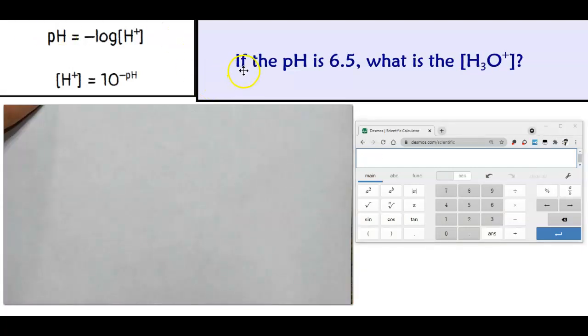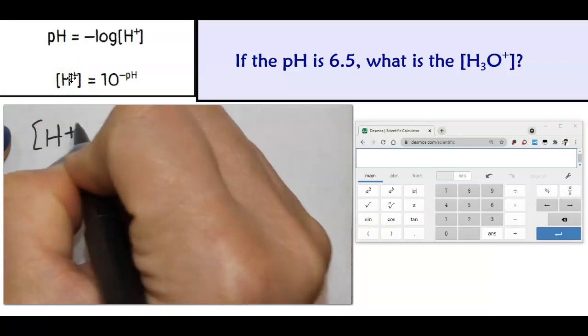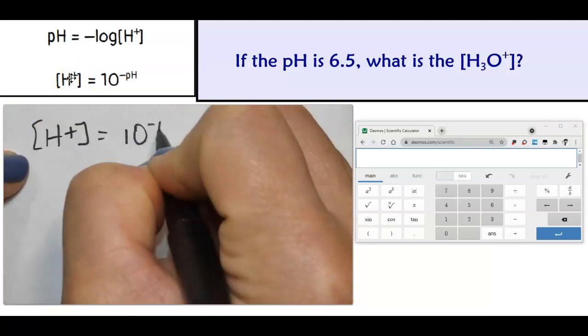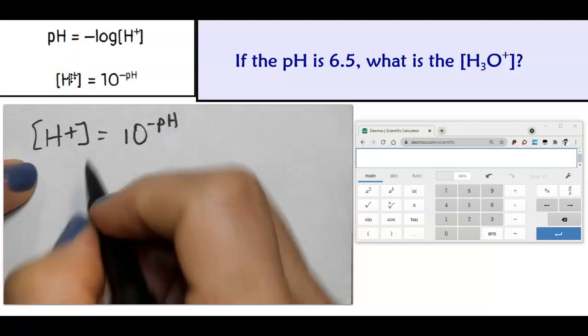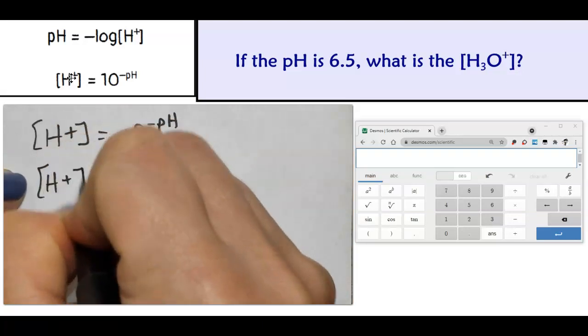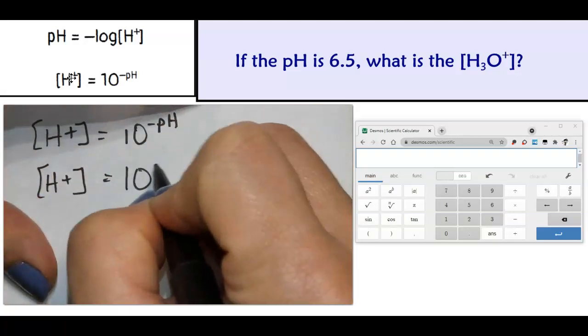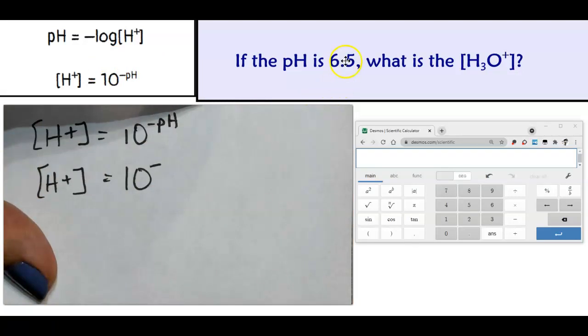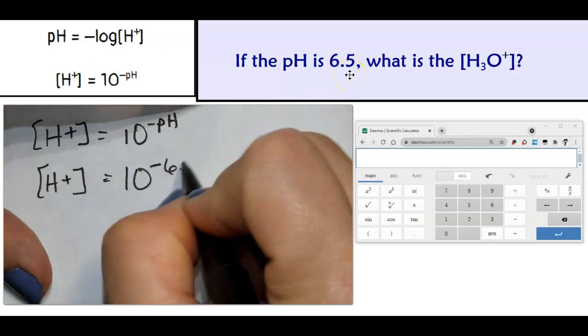One last example of this, if the pH is 6.5, what is the hydronium concentration? So since I want this, I want the equation that's set to solve for hydronium or hydrogen. H plus is equal to 10 to the negative pH. And so I'll plug in, here's my equation, 10 raised to the negative 6.5.